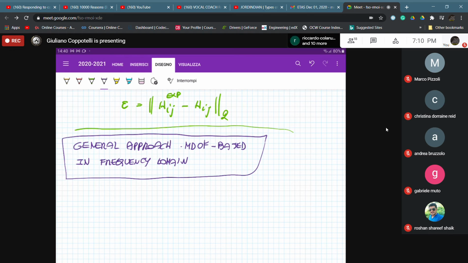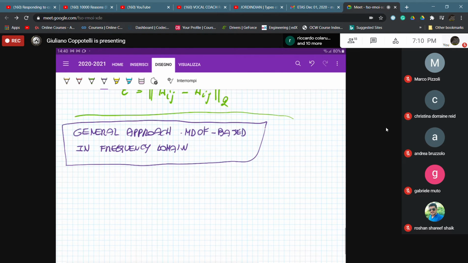Okay, so this general approach starts with your measured FRF, what we call the experimental one. So you know your FRF when you are exciting the system at a given J degree of freedom, and you are measuring the output at a given I degree of freedom. You know this for whatever frequency lines are available in your analysis.